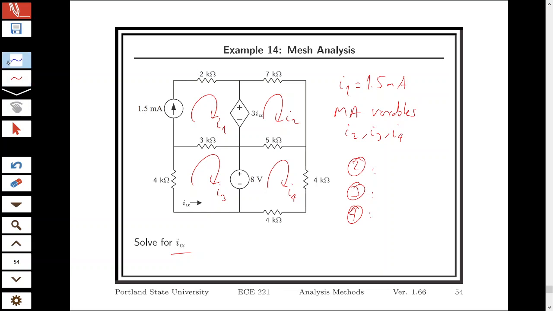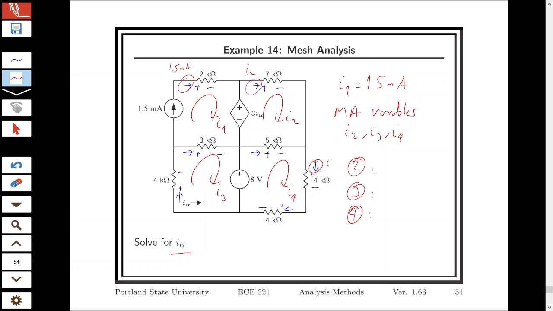So let's assign our voltages and currents, and identify the currents. The current here is 1.5 milliamperes. The current here is I2.